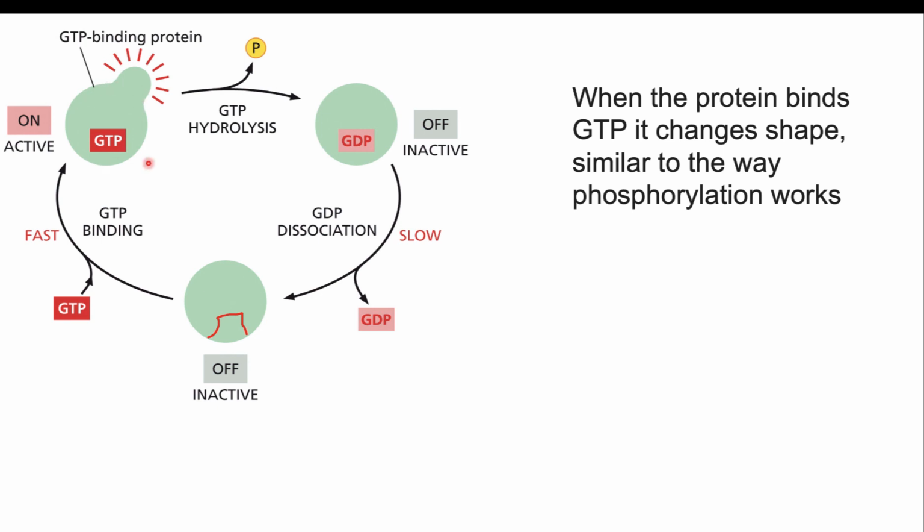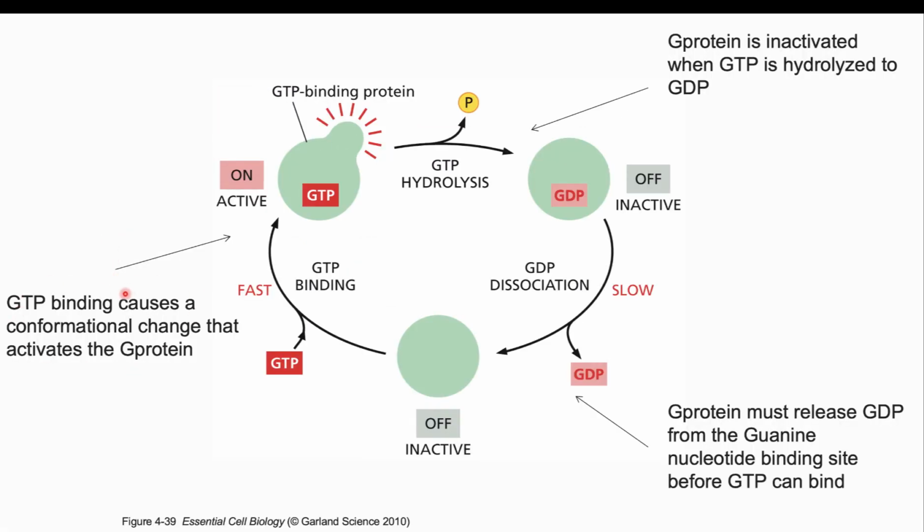And the reason we get a change in shape is, again, GTP is bringing in lots of negative charge on those phosphate groups, and that's going to cause a rearrangement in the shape of the protein. So I've added these notations here to tell you what I just said. Starting at the inactive form, GTP binding causes a conformational change that activates the G protein.